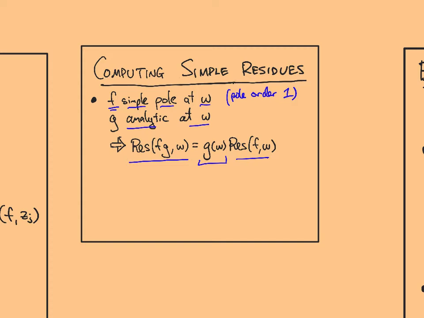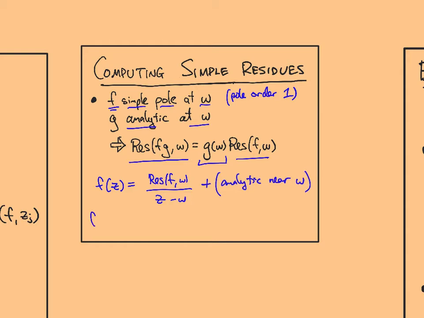And here's the reason. So f has this simple pole. So around w, f of z near w is going to look like the residue of f over z minus w, and it has a simple pole, so that's the only piece of the principal part, and so I'll have plus analytic stuff near w.